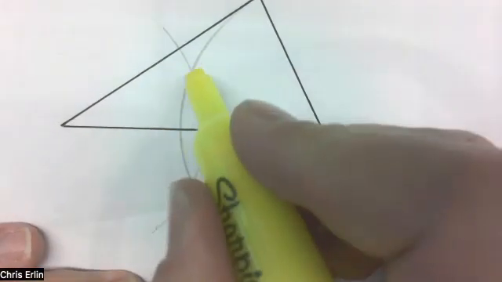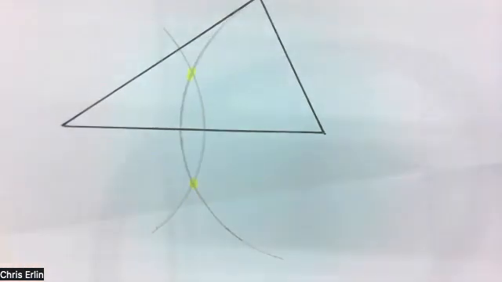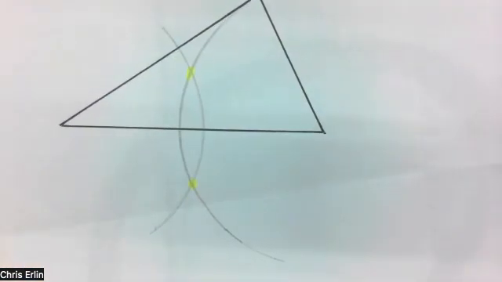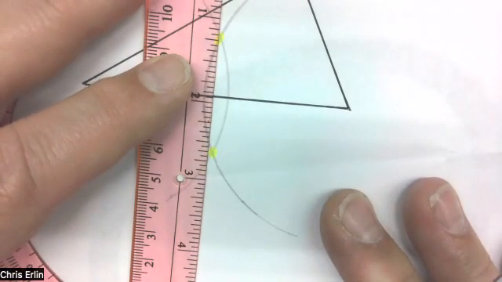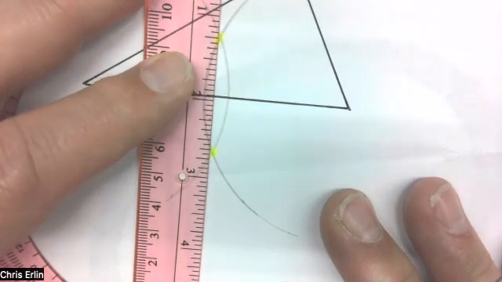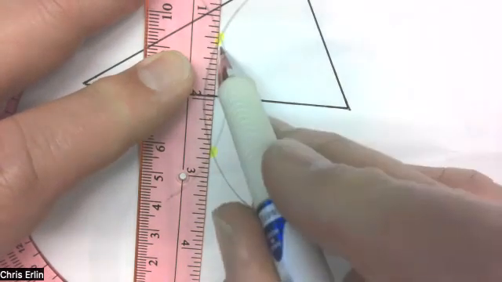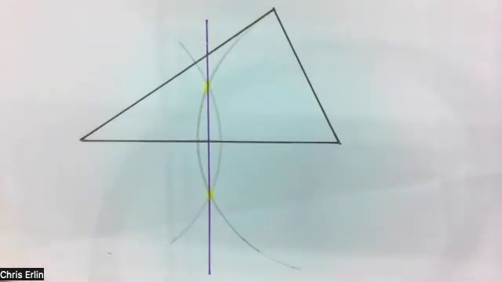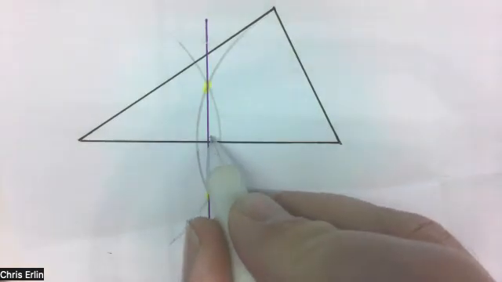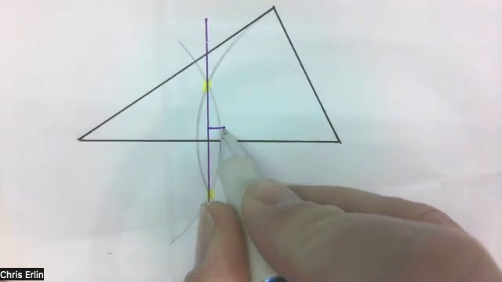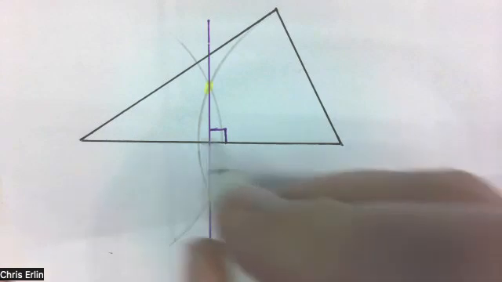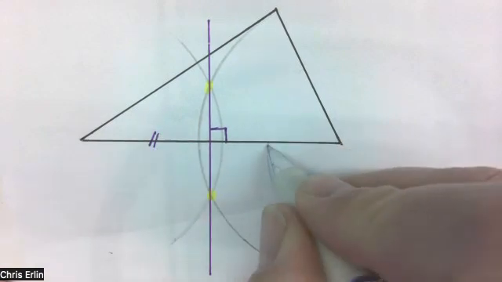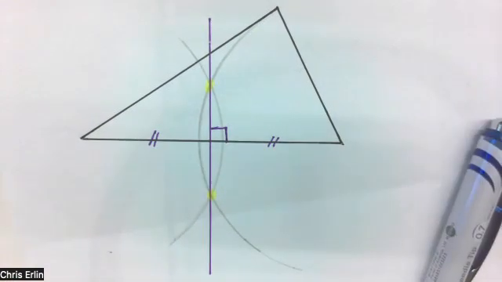If I look at the endpoints of this football as points of intersection, I'm going to connect them using my straight edge. And be very, very precise with this, please. You want to go right through that point of intersection. You don't want to miss it. By doing that, I end up with a perpendicular line that bisects.